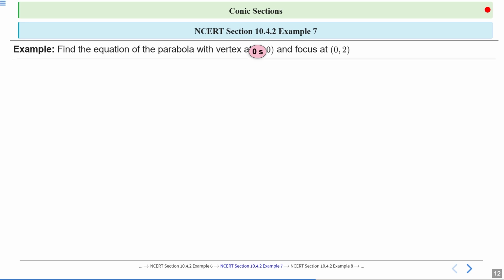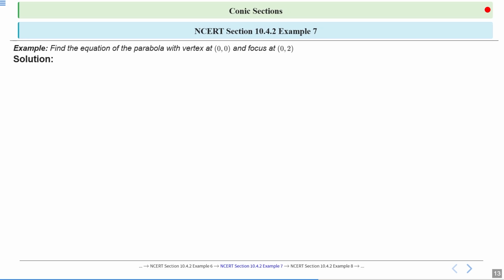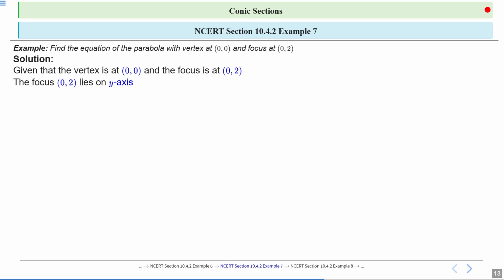Okay students, now we will solve this example. Given that the vertex is at (0, 0) and the focus is at (0, 2). So the focus (0, 2) lies on the y-axis. So it implies the y-axis is the axis of the parabola.